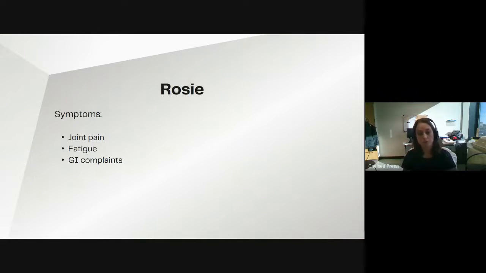She was also probably experiencing secondary lactose intolerance because when those microvilli are destroyed, so are the brush border enzymes, and one of those is lactase. And so it's pretty common for celiac disease patients to have secondary lactose intolerance as well.